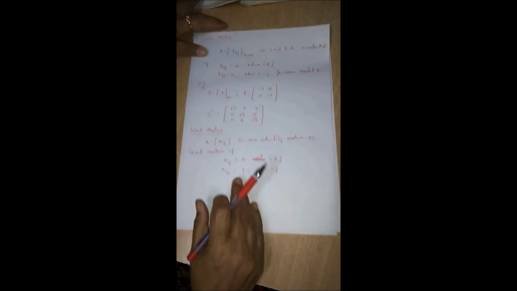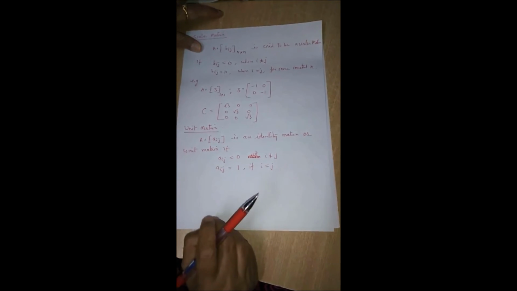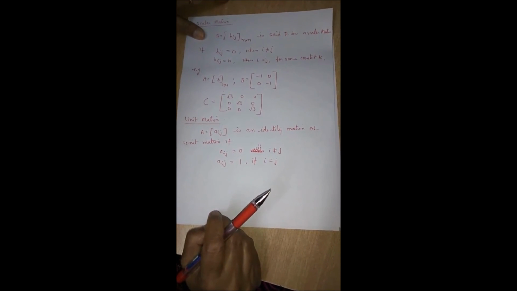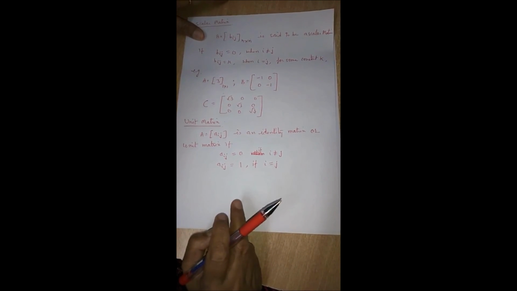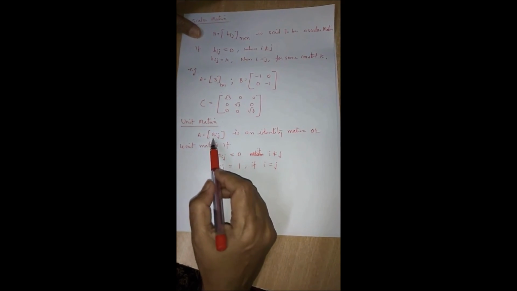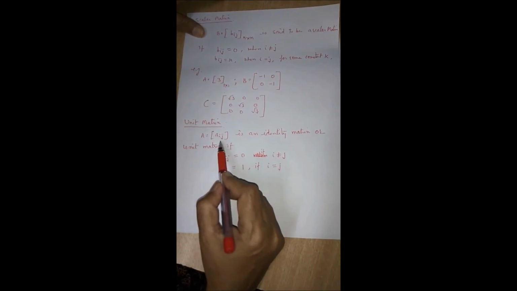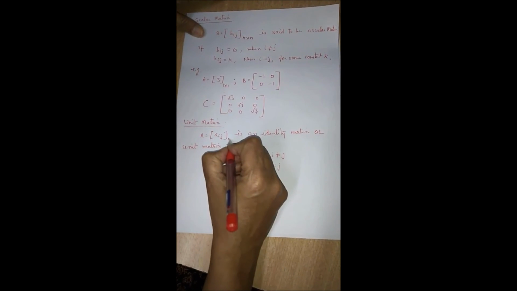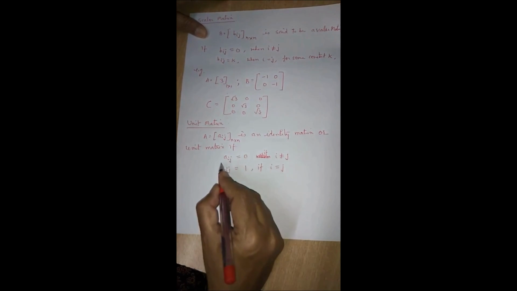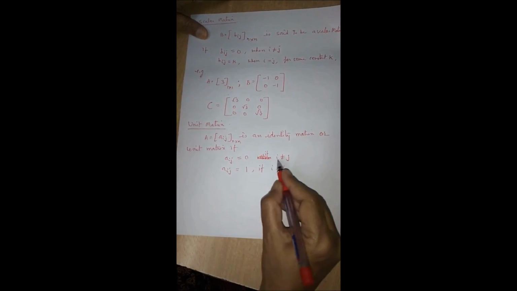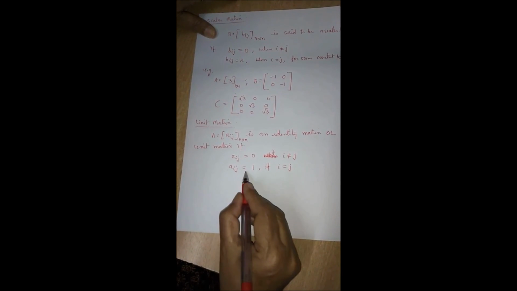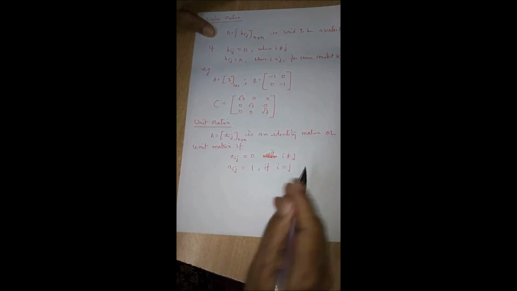Unit matrix, a square matrix in which elements in the diagonal are all 1 and the rest are all 0 is called an identity matrix or a unit matrix. In other words, the square matrix A equals Aij n by n is an identity matrix or unit matrix if Aij equals 0 if i is not equal to j, and Aij equals 1 if i equals j.